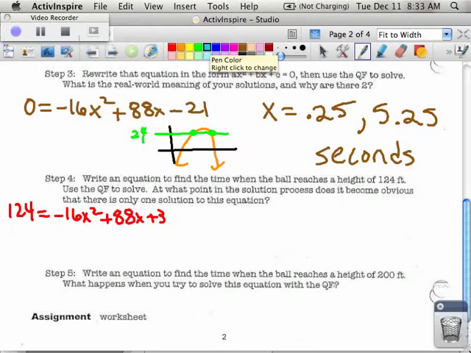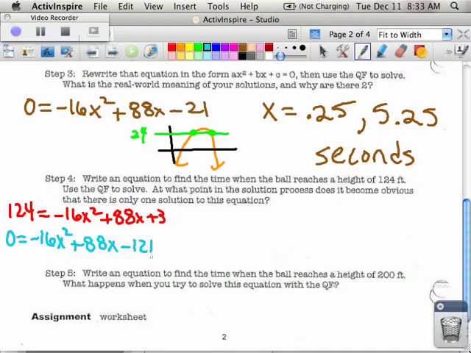If I move that 124 to the other side, I'm going to get 0 equals negative 16x squared plus 88x. And if I subtract 124, that's how I got the 0 on the left. If I take 3 minus 124, it's negative 121.